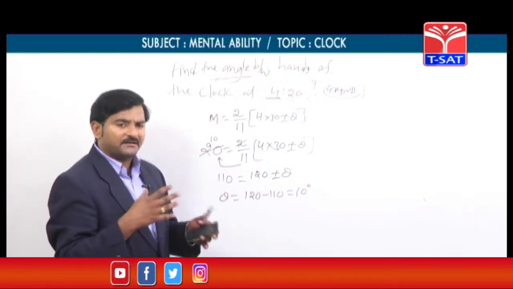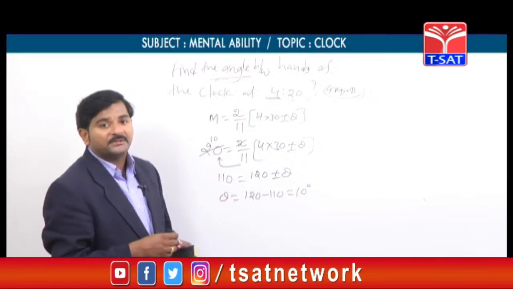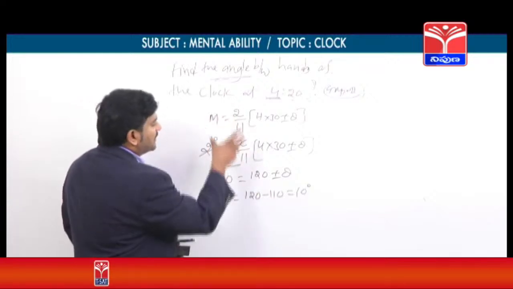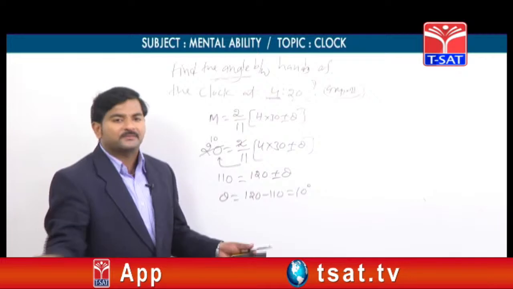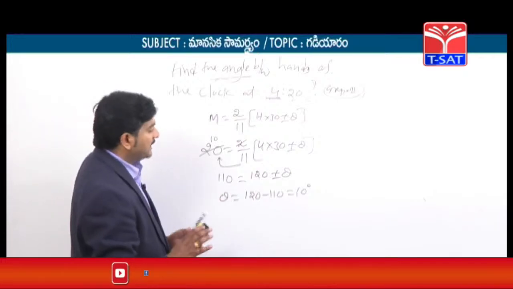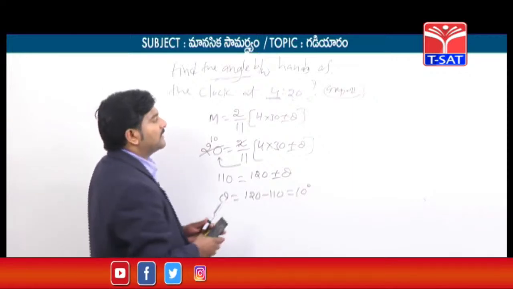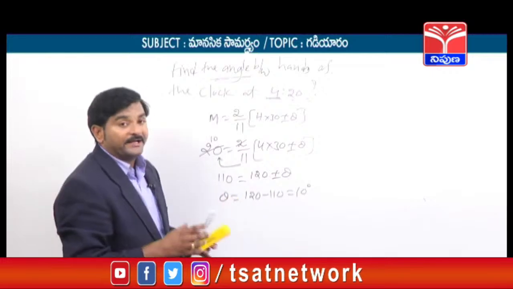Mathematics students or even non-math students, there are no such big mathematical conditions. If you do fast calculations, it may take hardly 20 to 25 seconds. So we can find the angle between the hands of the clock at 4:20. You can take 4:20 or whatever. Now let's say this is one kind of model, finding the angle.